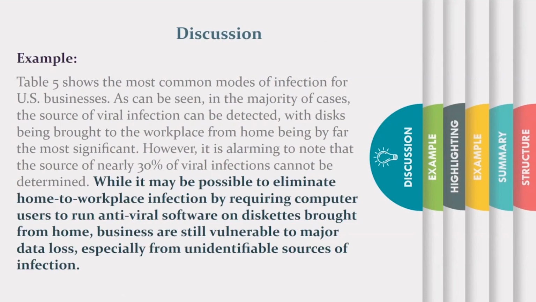While it may be possible to eliminate home-to-workplace infection by requiring computer users to run antiviral software, so it's now here suggesting something. Sometimes it could be recommendations, suggestions. It could be implications. It could be problems even. So we'll talk about the moves in discussion section in the discussion chapter that we'll cover next week.